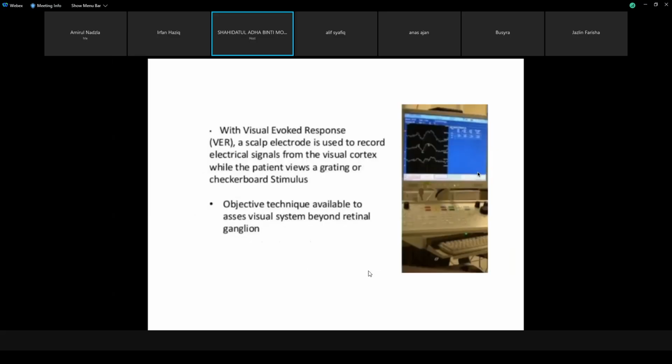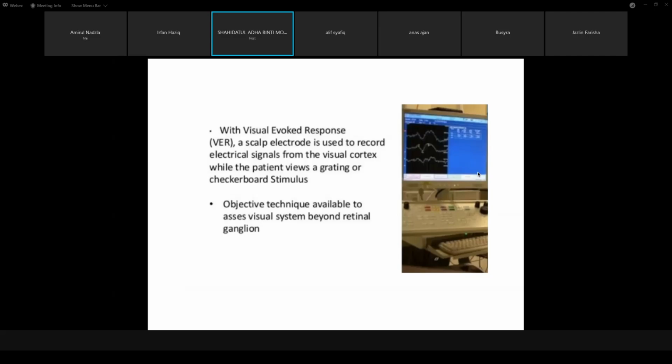This is the visual evoked response, in which we put electrodes on the scalp to look at the electrical signal from the visual cortex. Let's say we don't know the vision, for example a patient with cerebral palsy, or we want to know the prognosis, we can do this because we can diagnose cerebral visual impairment.